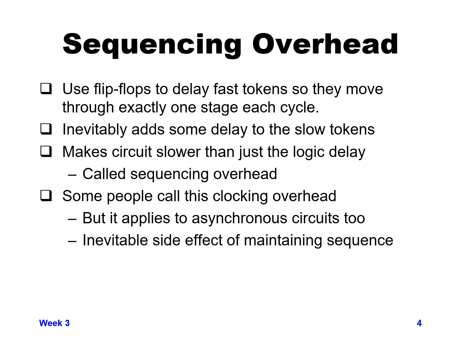So we get something that is known as sequencing overhead. We'll use flip-flops in our circuit in effect to wind up delaying the combinational logic that's fast. It needs to wait for the next flip-flop to sample it in order to continue on doing its function.